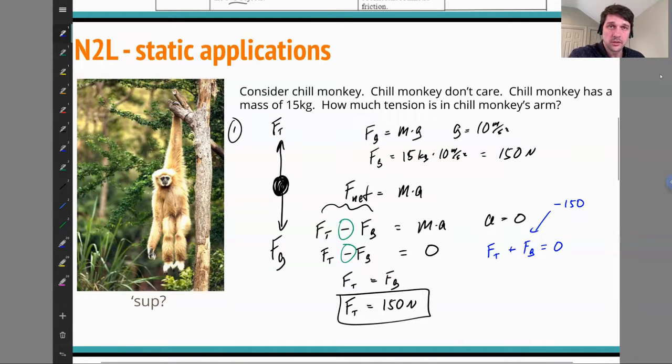Somewhere I've got to account for this negative. So those are two different ways you could do it. You could literally take the sum of the two forces, where one of them is negative, or you can choose to use absolute values of forces and let the negative in your equation indicate the direction.